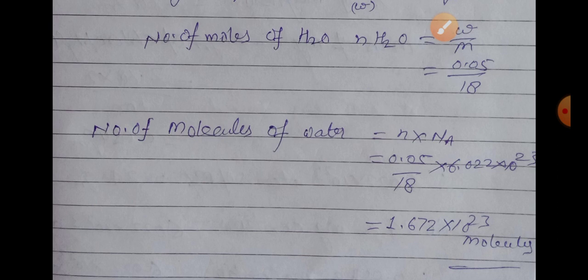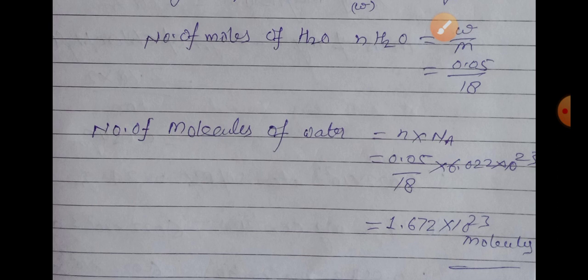Next, number of molecules of water, we already know. Number of atoms or molecules or ions equal to N into Na, that is number of moles into Avogadro number.